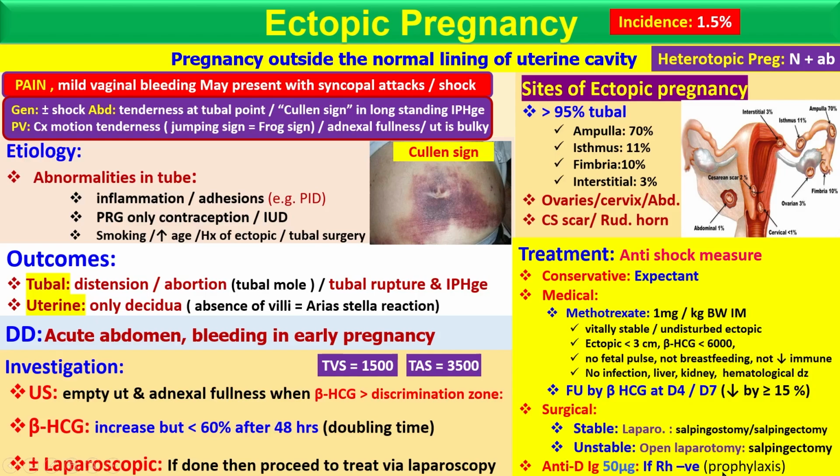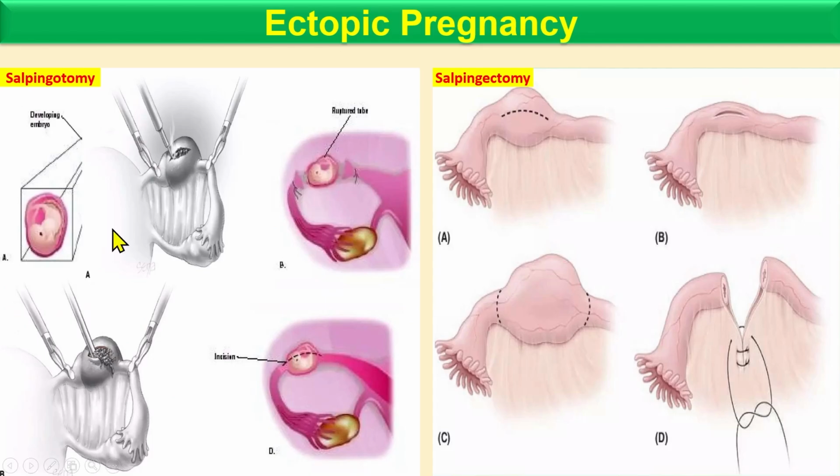It is a prophylaxis to prevent problems in an upcoming pregnancy. Here you can see the salpingotomy, where you simply make a small incision and remove the fetal component. And in this case, you cut the tube. So this is salpingectomy, and this is salpingotomy.